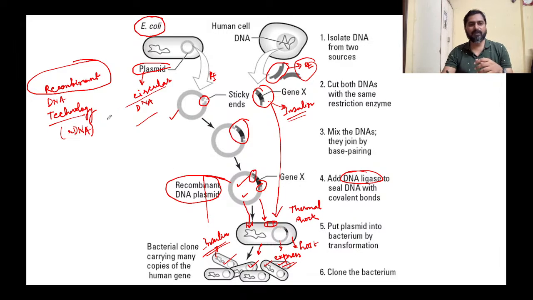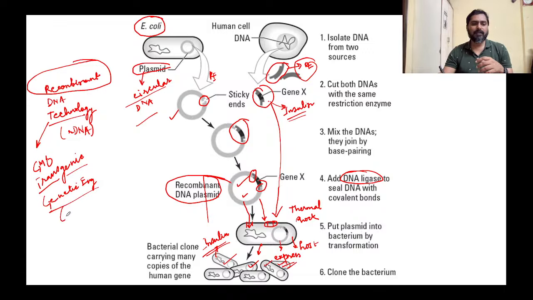All these steps that you are seeing are how we produce a genetically modified organism, or in this case, we are transferring genes from one organism to another. This is also known as transgenic. This is also known as genetic engineering. Genetic engineering is also known as gene editing.